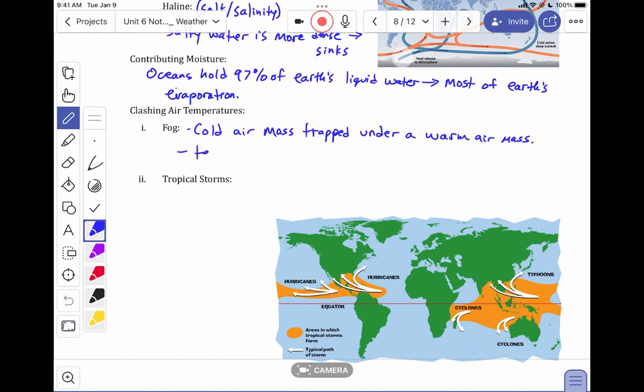So as the temperature nears the dew point, that's the temperature where water droplets condense. So they go from evaporated moisture to actually liquid.